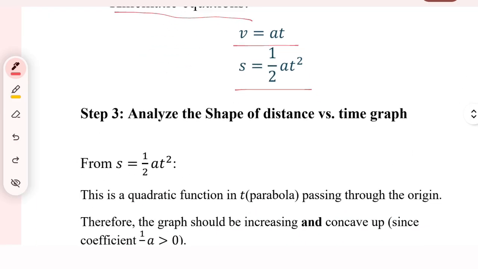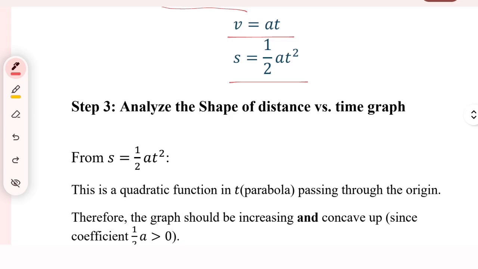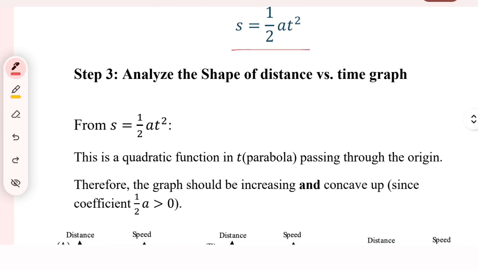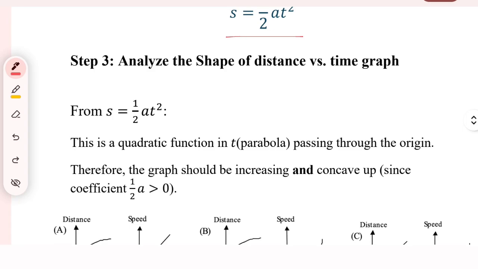And step three, we need to analyze the shape of the distance versus time graph. Remember, this is about distance versus time, so we need to go back to the formula for the distance, which is s = 1/2 at squared. Looking at this formula, this is actually a quadratic function. Why do I say quadratic?